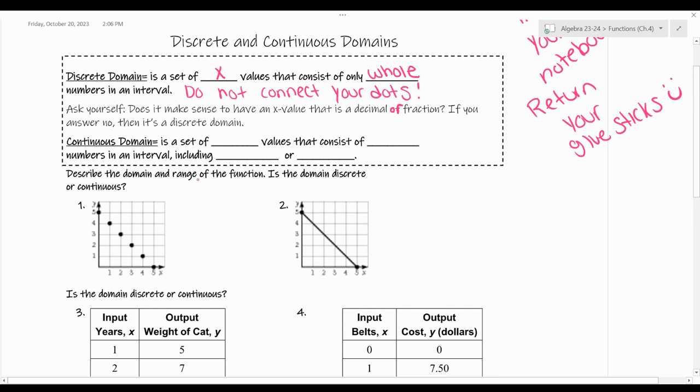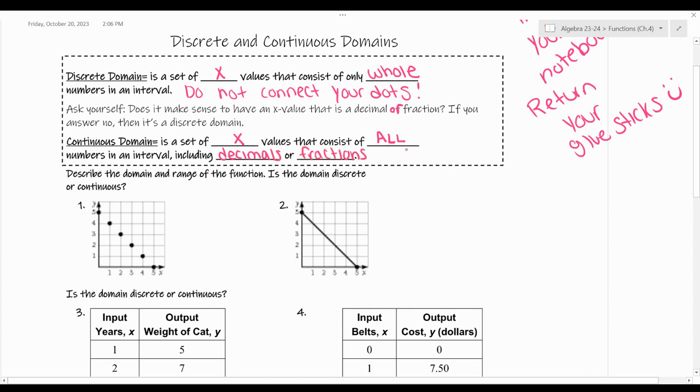So if you can have a decimal or you can have a fraction, and you answer no, then it's discrete. If it is continuous, this means it is a set of X values that consists of all numbers in an interval, including decimals or fractions.